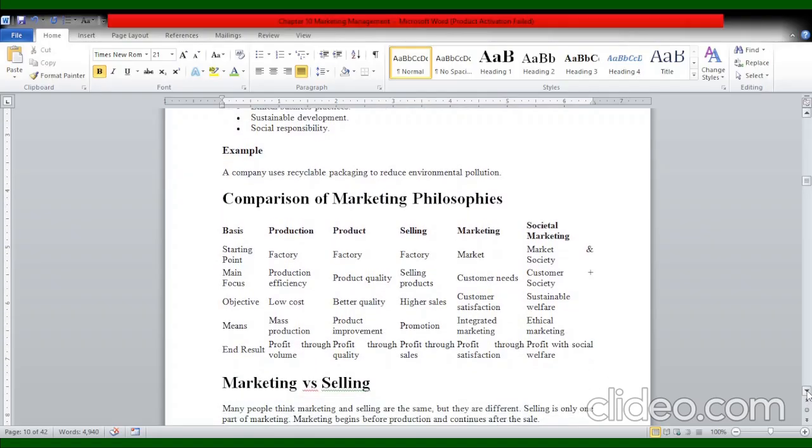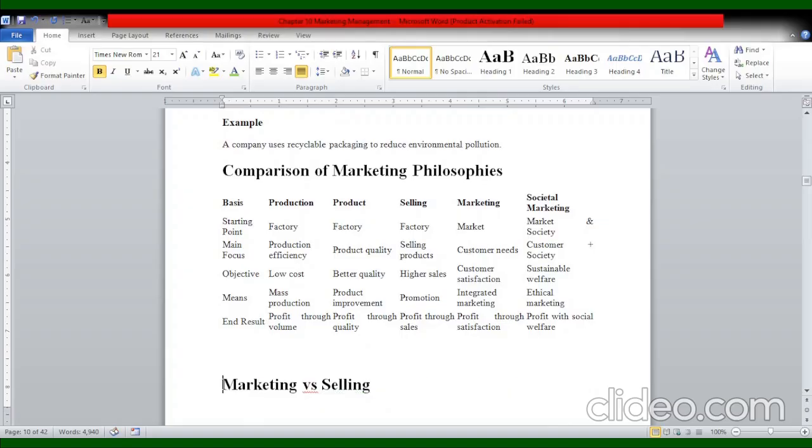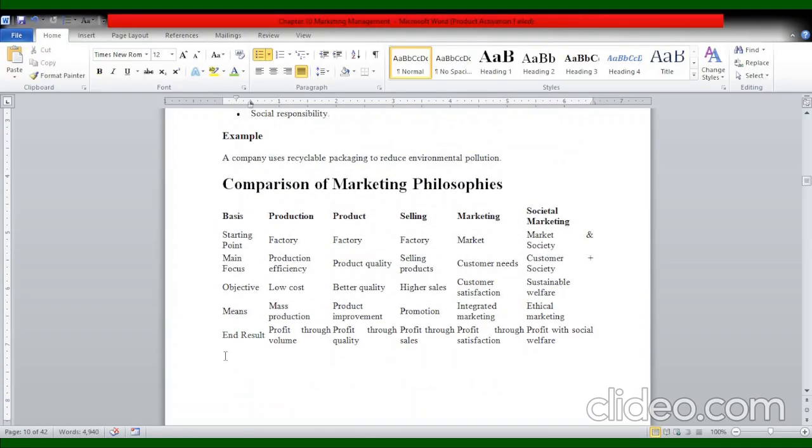Here we have a comparison of marketing and its philosophy. In this point, you are focusing on the comparison of the marketing philosophies. The production concept focuses on production only, the product concept focuses on product quality, the selling concept focuses on selling the product, the marketing concept focuses on the customer need and then designs the product, and the societal marketing concept focuses on the customer and the society.